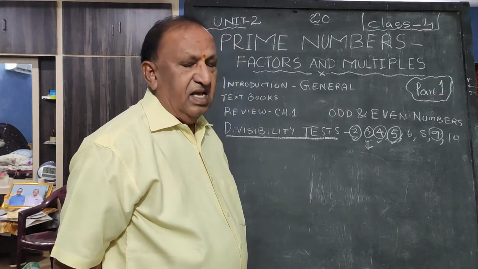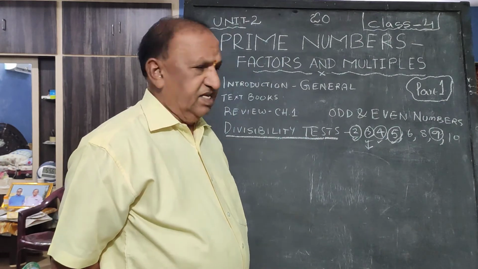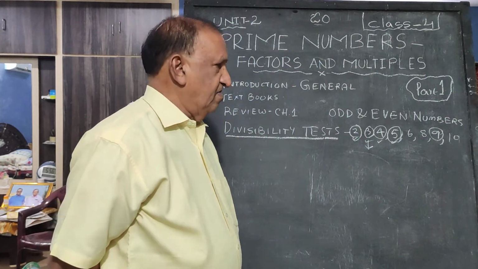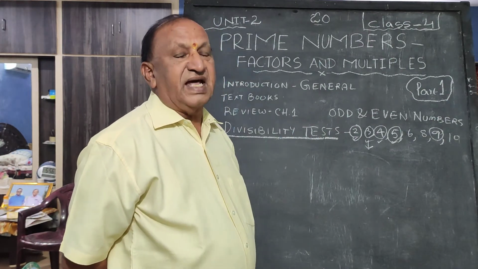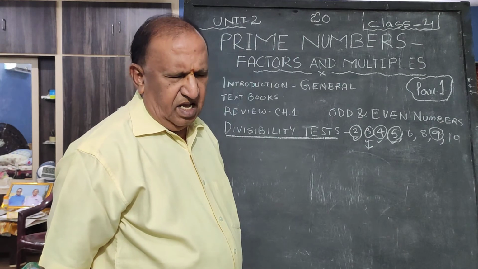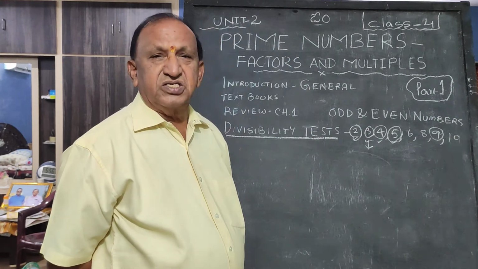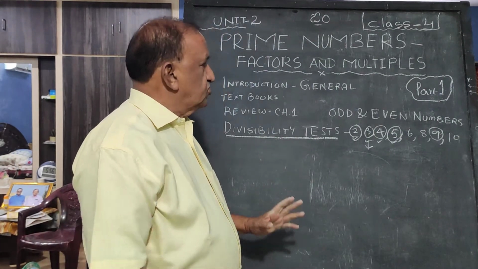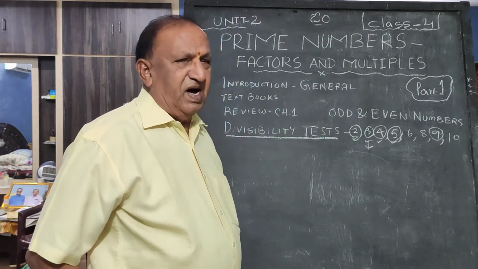If the digit in the units place is either 5 or 0, then the number is divisible by 5. Then we come to 10. If the units place is 0, then the number is divisible by 10. Otherwise it is not.